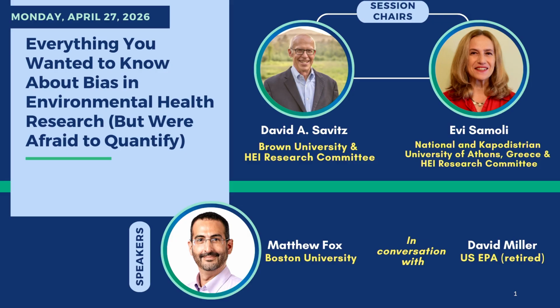Yeah, sure. The big three I think are considered to be misclassification, confounding, and selection bias. Misclassification is basically measurement error. Misclassification and confounding I think are often the easier entry points for folks that are new to this.